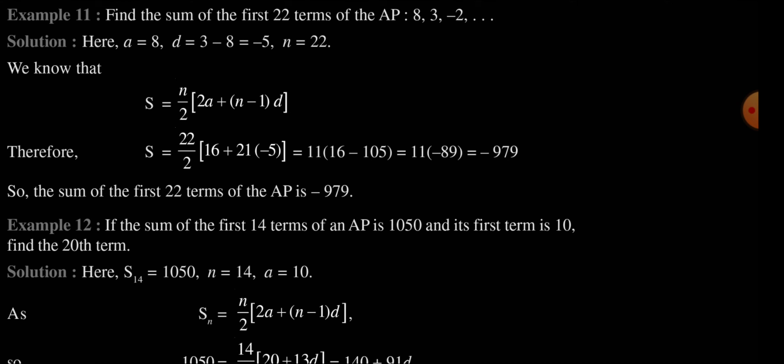So the sum of the first 22 terms of the AP is minus 979.